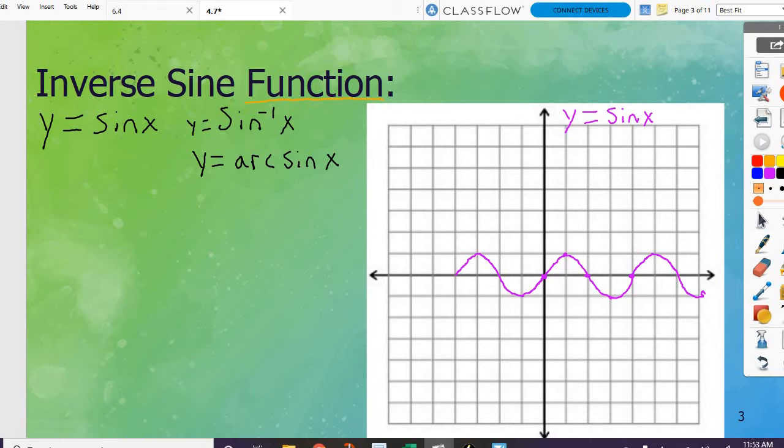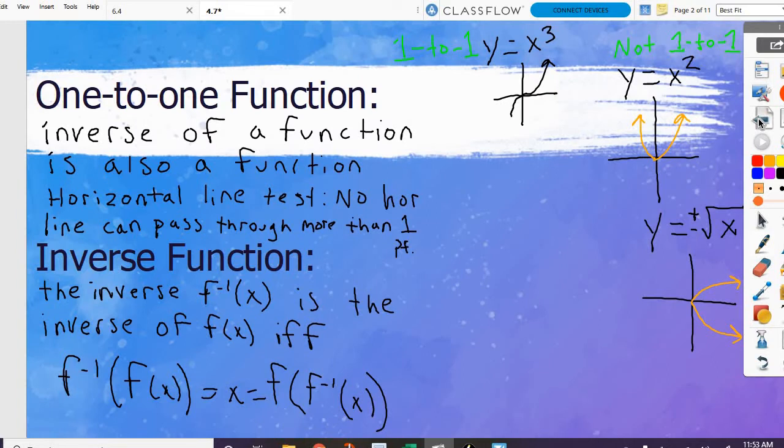All with me? Which again doesn't mean that it's impossible to use our inverse sine, but we are going to need to manipulate it a little bit.